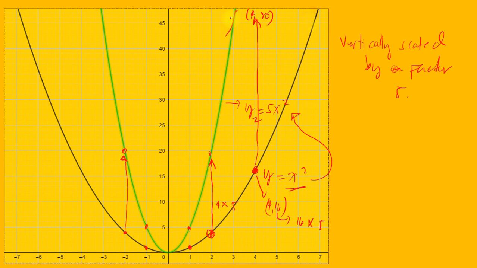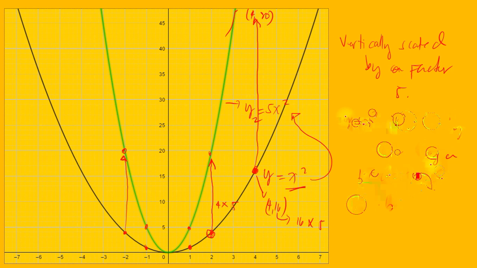So in this idea, if we compare, y equals x squared is vertically scaled by a factor of 5, or it is being multiplied by a factor of 5, to obtain y equals 5x squared.